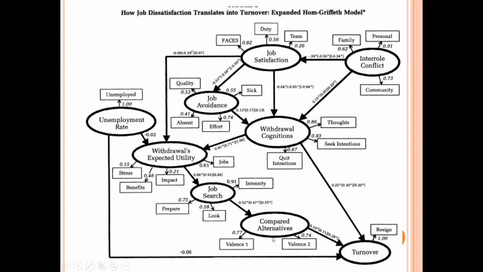Inter-role conflict is measured by family, personal, and community. And each of these rectangles has a measurement error associated with it, but it's not shown in the picture. And then the direct relationships between the latent variables are these darker arrows here.